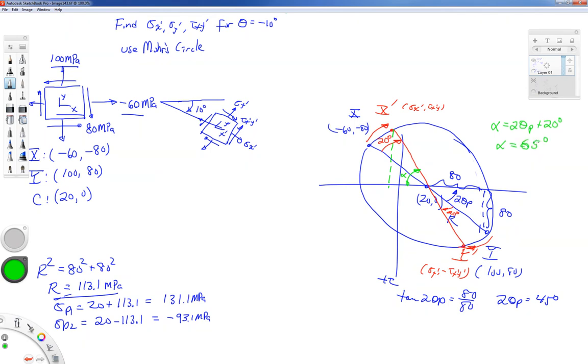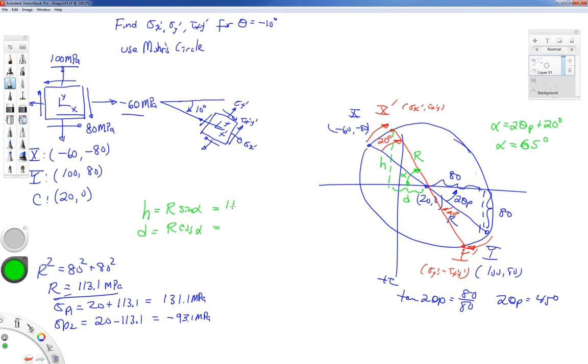So alpha is going to be 65 degrees. And if I know that angle alpha, then I can calculate the height of the triangle because I know what the radius is, the hypotenuse. So h is equal to r sine alpha, and this little distance d that I have here, that's going to be equal to r cosine alpha. So let's compute these numbers.